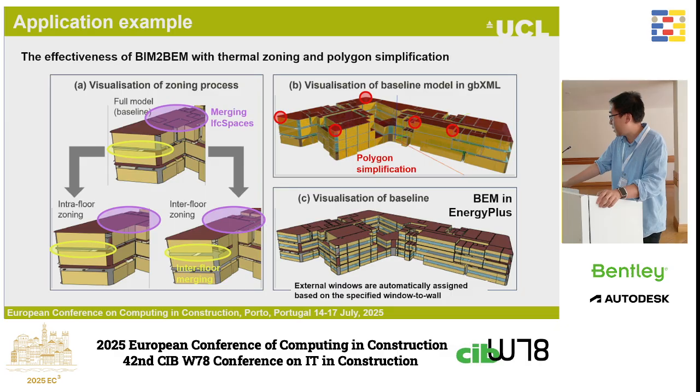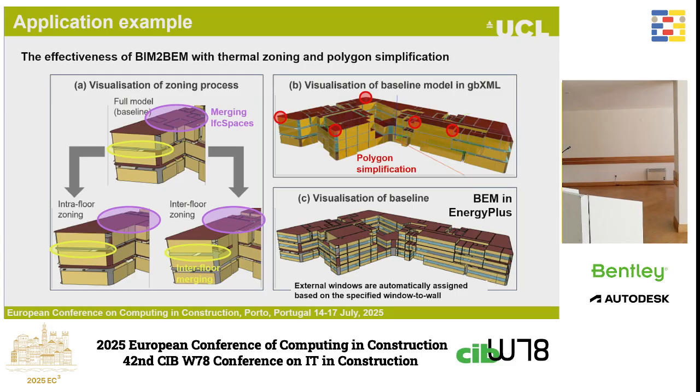Effectiveness of the BIM2BEM workflow. Please go to figure A. As you can see, some of the internal walls have been removed successfully. You can see that in the bottom figure. And in the interfloor zoning scenario, not only the internal walls, but also the floor slab has been removed successfully.